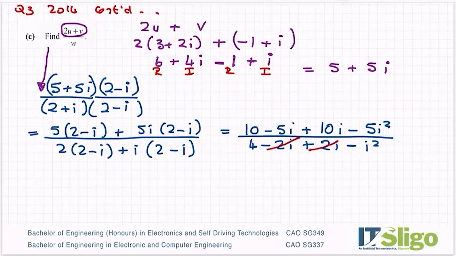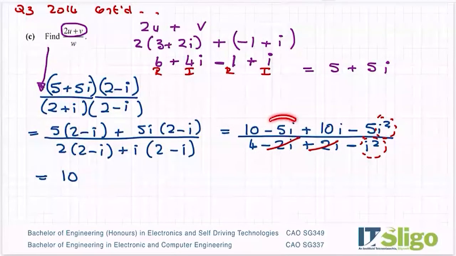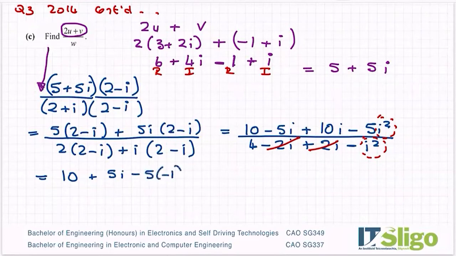Of course, these cancel. And my next job is I'm going to sub in that minus 1 for an i squared. You never leave i squareds in a question. So on the top, I have 10. Let's tidy these up. Minus 5i plus 10i, or 10i minus 5i is 5i. And then I have minus 5 times minus 1. And on the bottom, I have 4 minus minus 1.